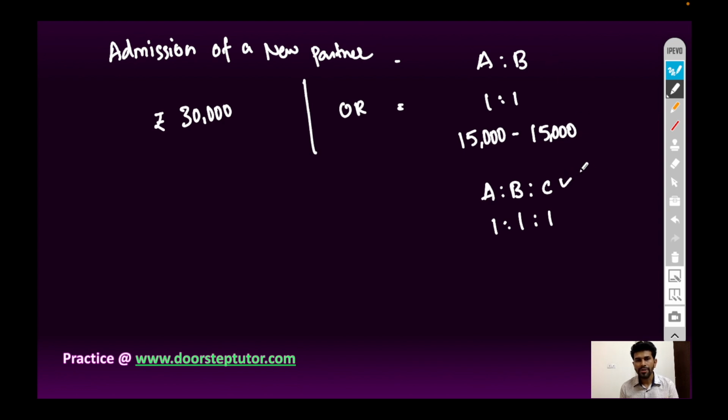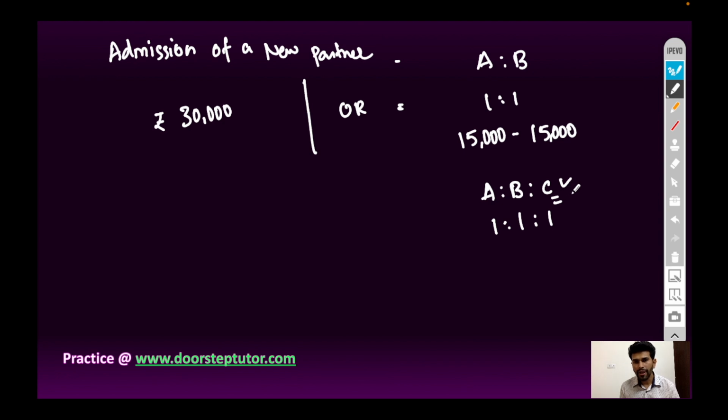While admitting Mr. C as the new partner, he will be called the incoming partner. Here, Mr. C is an incoming partner and new partners are A, B and C.